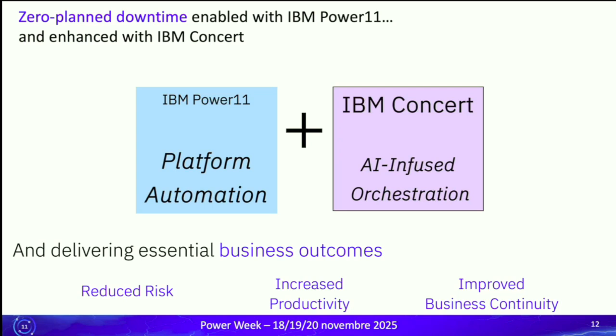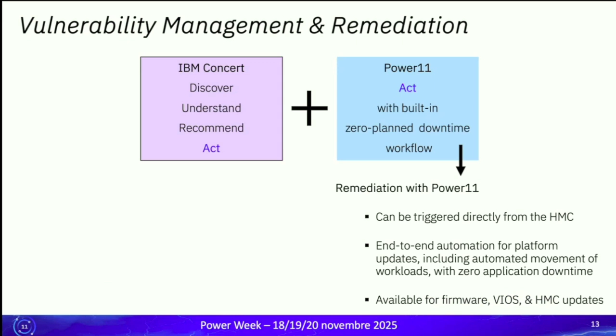Concert brings the AI orchestration capability to the environment so that you can automate a lot of those manual checks, taking away time from your team. So what Concert does, it does the discover, understand, recommend, and act for you. With Concert, you can do all 4 of the pillars. With Power11 and the built-in capability of what's in the HMC, you can do some of it, but a lot of the other tasks need to be done manually.